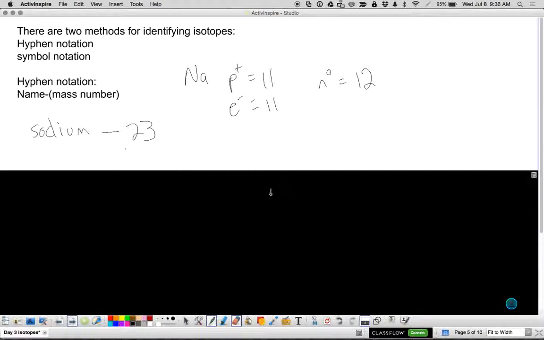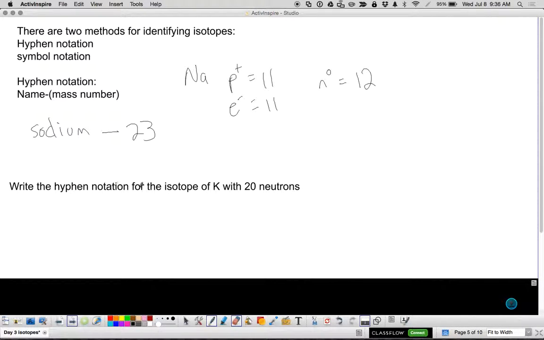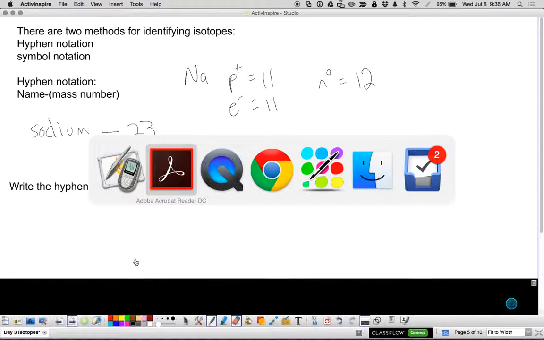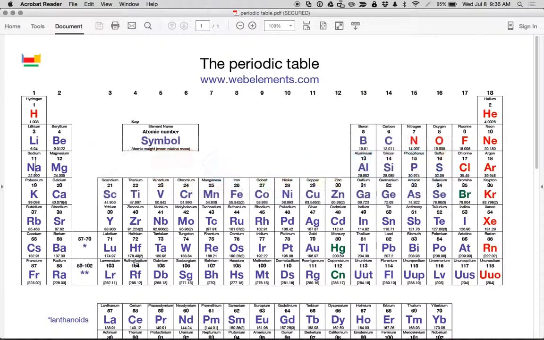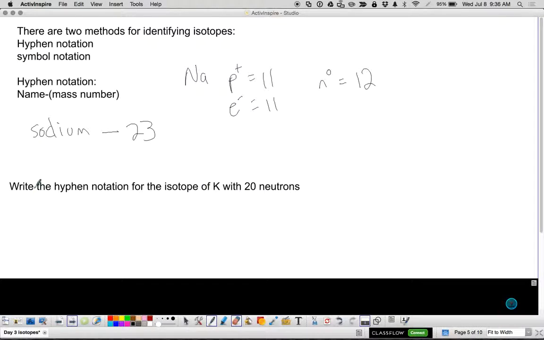All right, so quickly, see if you can write the hyphen notation for the isotope of K with 20 neutrons. So pause and see if you can do that and check. All right, so I'm going to look at my periodic table. K is potassium, and it has an atomic number of 19.